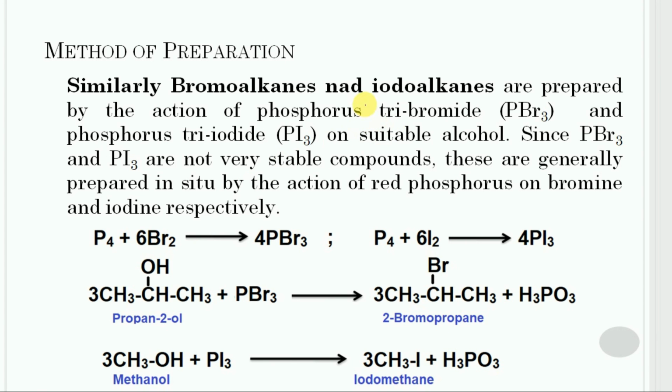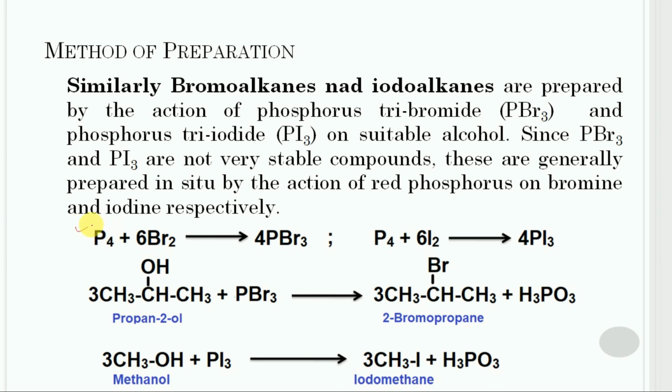Similarly, bromoalkanes and iodoalkanes are prepared by the action of phosphorus tribromide and phosphorus triiodide on a suitable alcohol. Since phosphorus tribromide and phosphorus triiodide are not very stable compounds, these are generally prepared in situ by the action of red phosphorus on bromine and iodine.